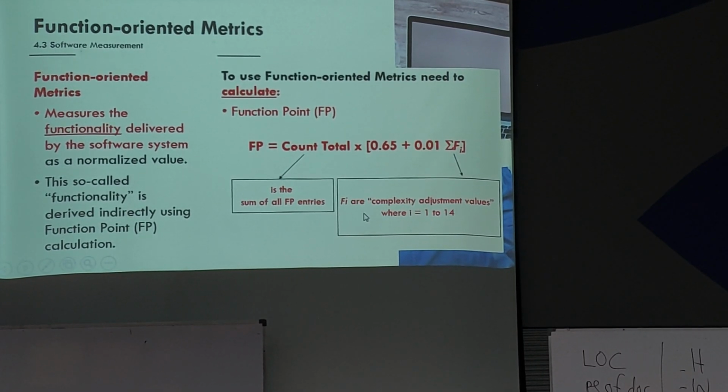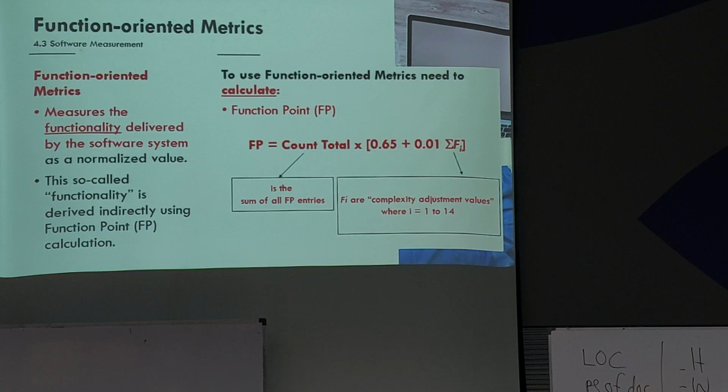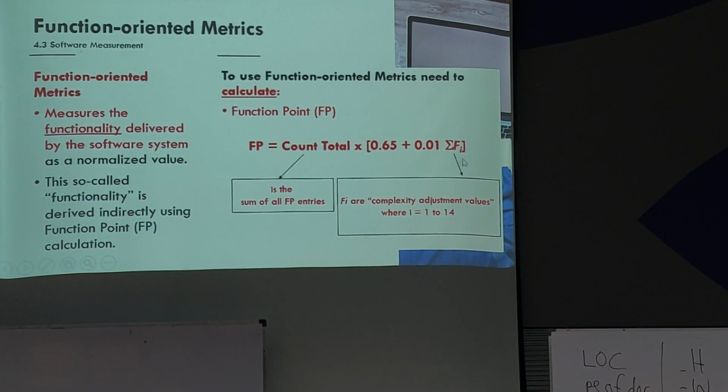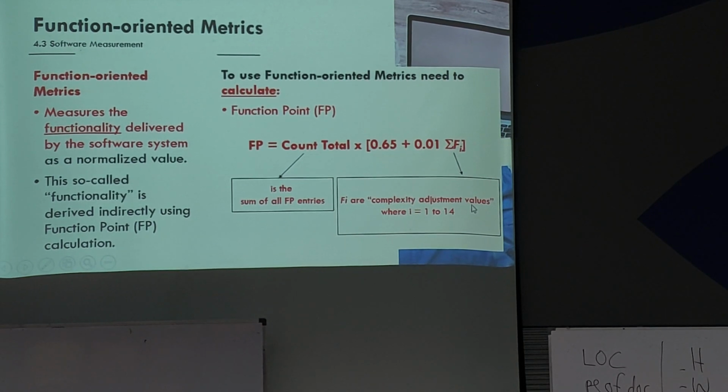Summation Fi is the sum of the 14 complexity adjustment values. There are 14 complexity adjustment values, and you sum them up.